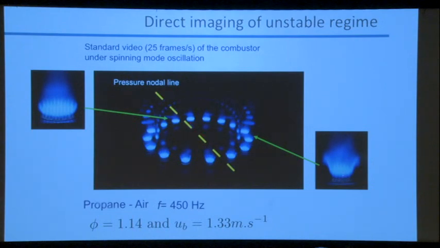As I told you, the flames which are away from the nodal line look like that. The flames which are close to the nodal line are not so much affected. These are affected, and they have a very strong motion in the vertical direction.